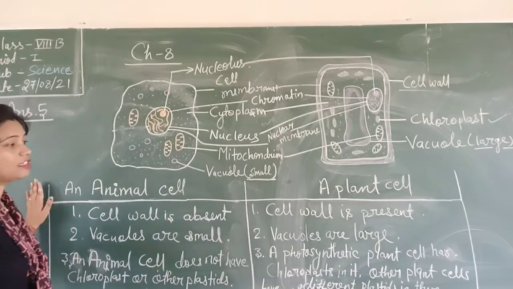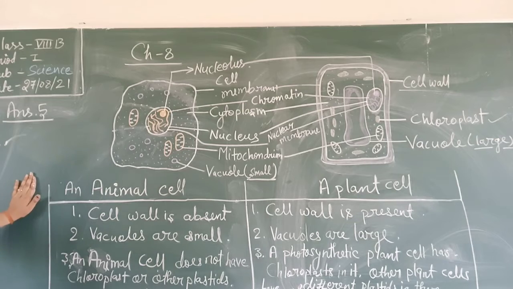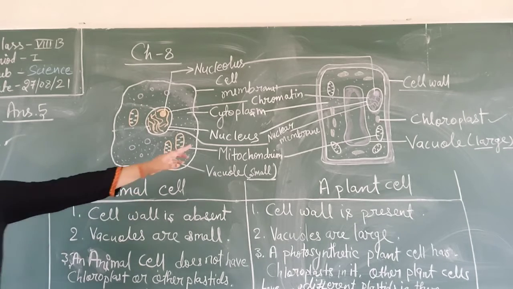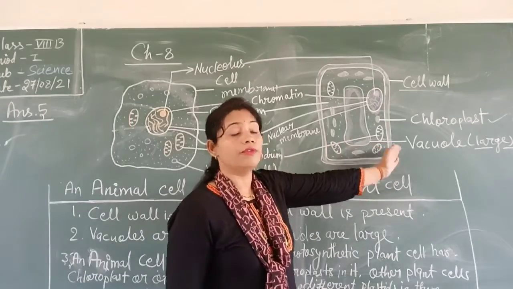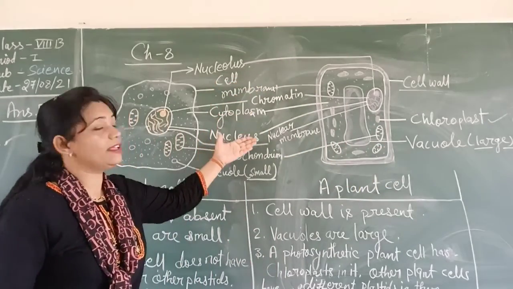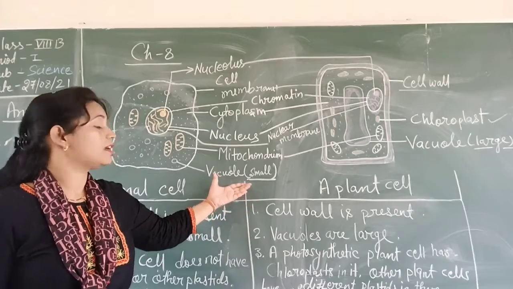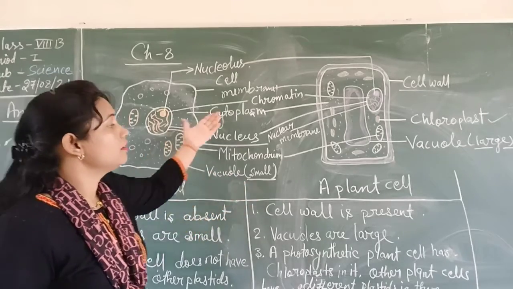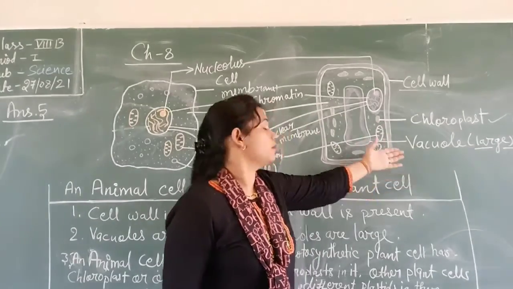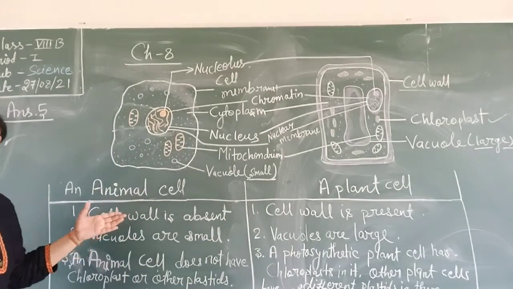So this table contains the differences, and these differences are also written here. So the labeling given in the middle of both pictures shows the similarities and these are the differences, and it is also explained here.